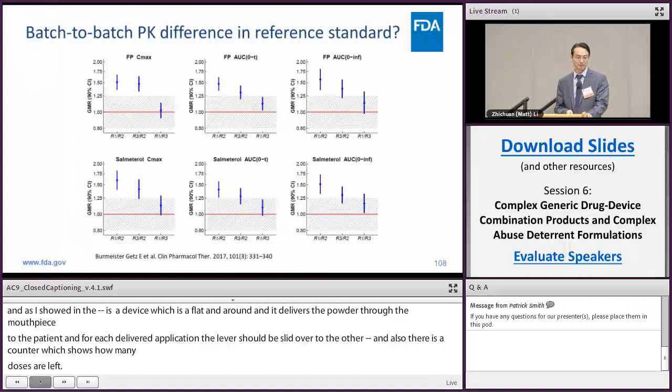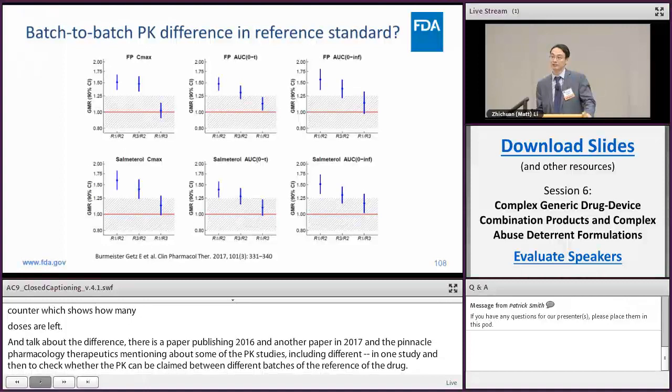As I showed in this figure, this study was designed as a four-treatment, four-sequence, four-period crossover study, and the four treatment groups include one test product and 3 different batches of the reference listed drug.